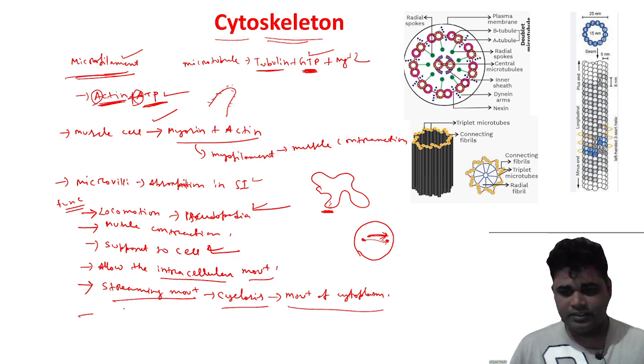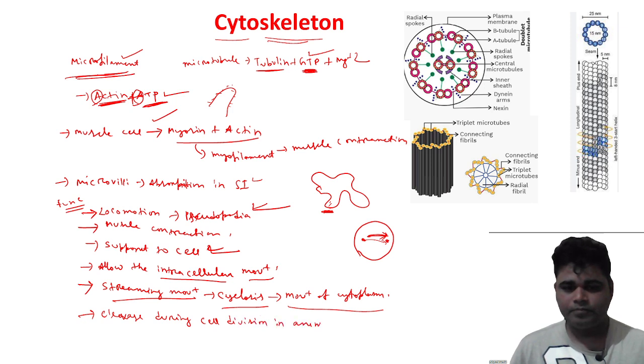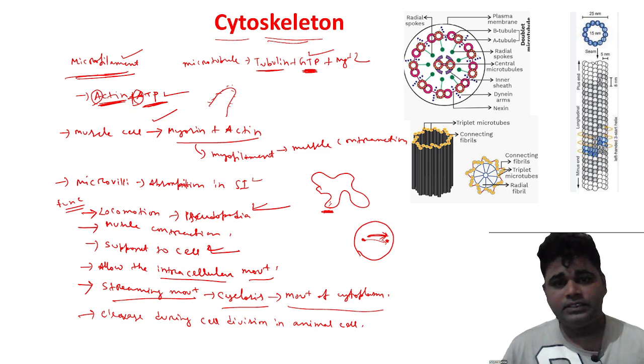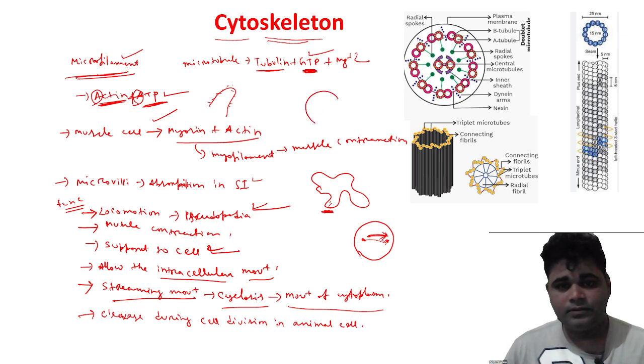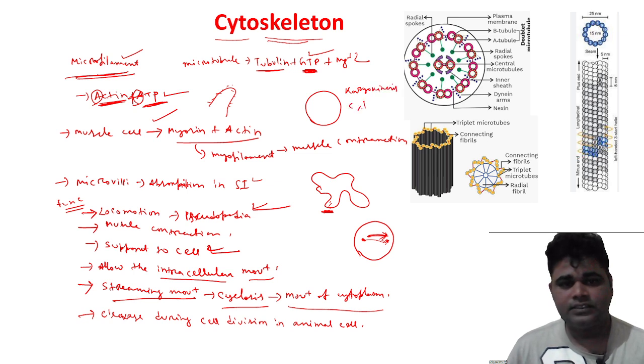And another, it also helps in the cleavage during cell division in animal cell. That means during the cell division, first the karyokinesis occurs, and another is the cytokinesis.